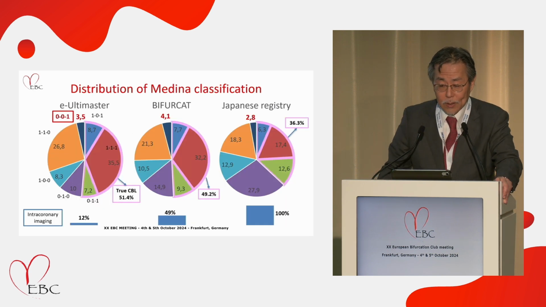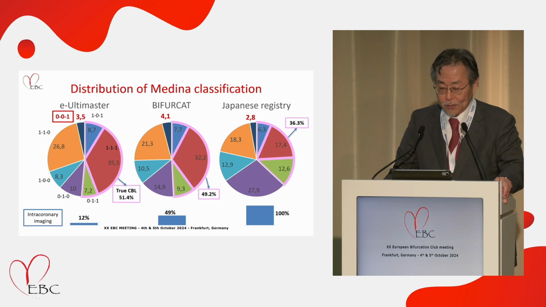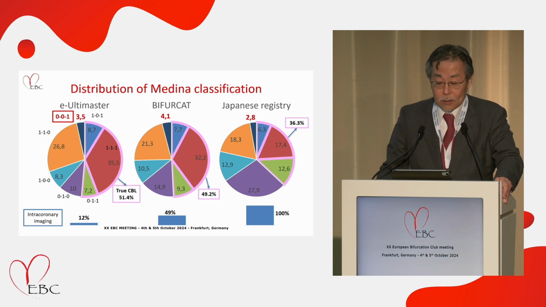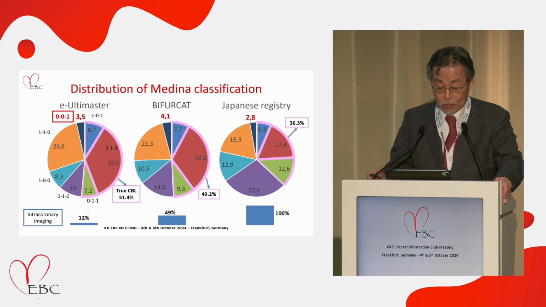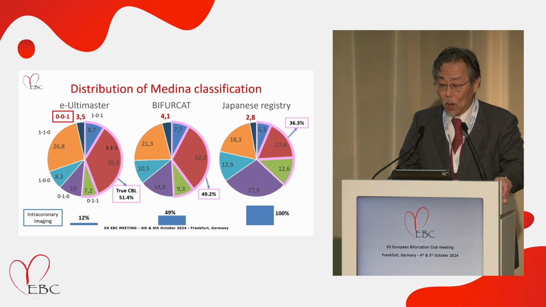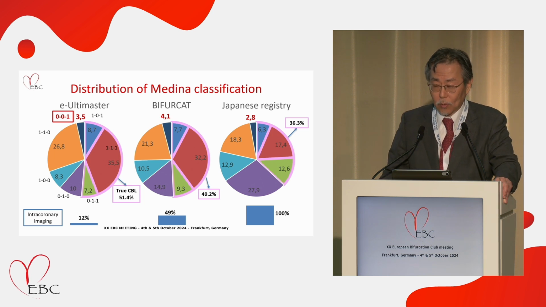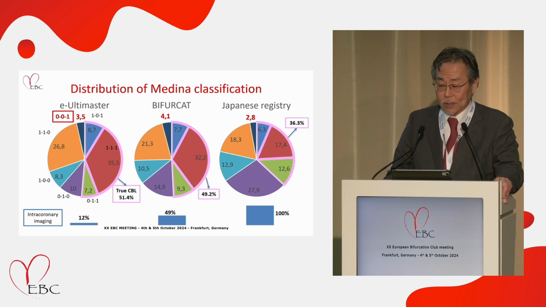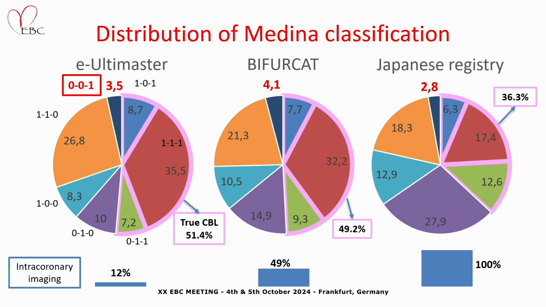So we compared these 3 trials. In terms of the distribution of Medina classification, as the previous speaker, Dr. Nam, said, the 001 frequency is almost the same, 2.8 to 4.1%. So it is not a frequent population. However, the true bifurcation frequency in E-Archmaster and the bifurcated trial is almost half of the cases.